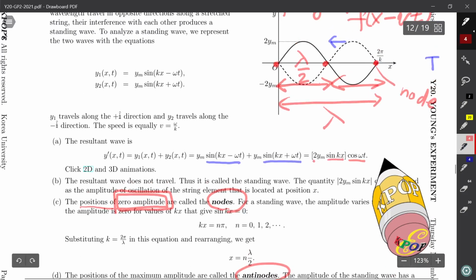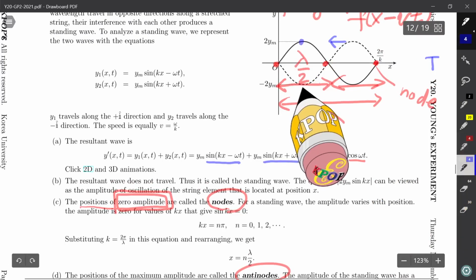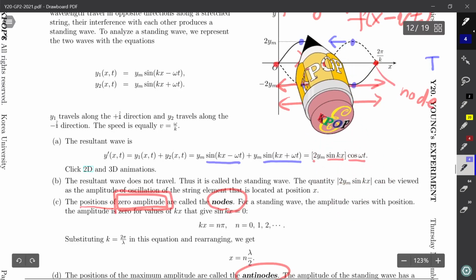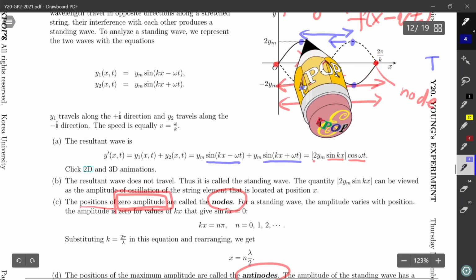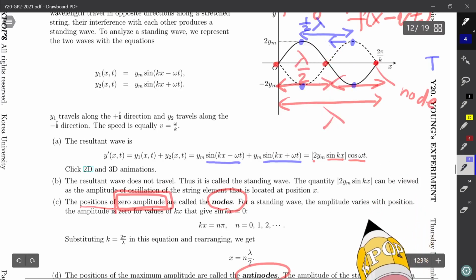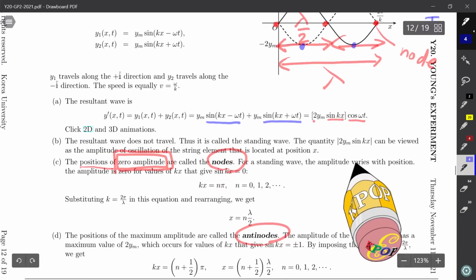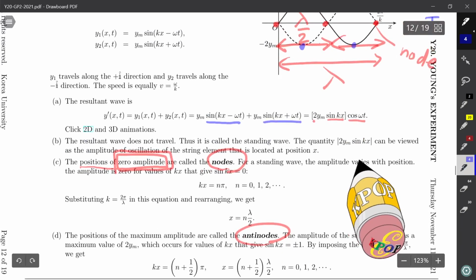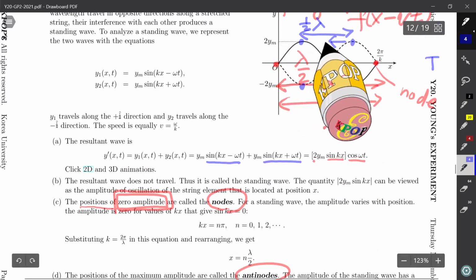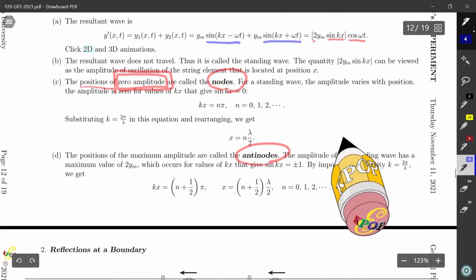And there are antinodes. These are antinodes. They are also periodic by 1/2 of lambda. Alright. So the positions of the nodes and antinodes can be found by solving these equations.